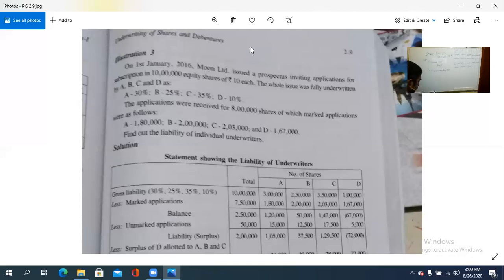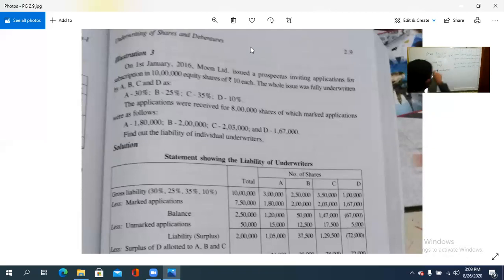Then 50,000 into 35%, 17,500. Then 50,000 into 10%, 5,000.